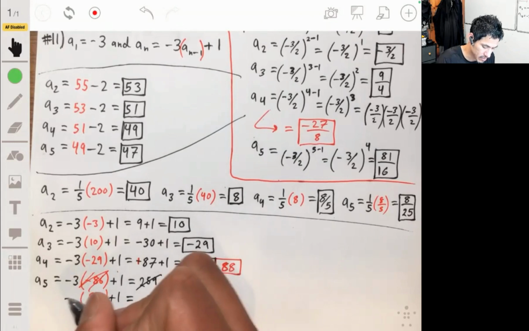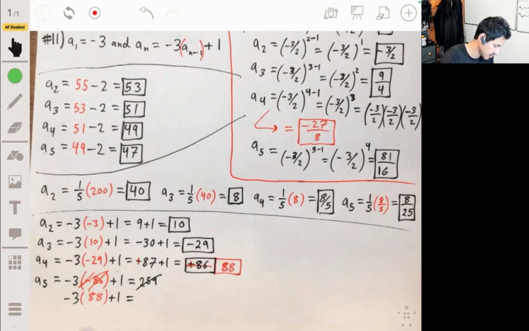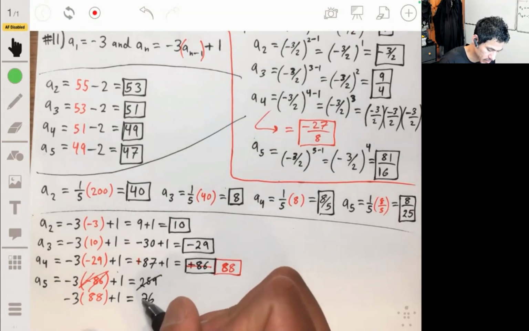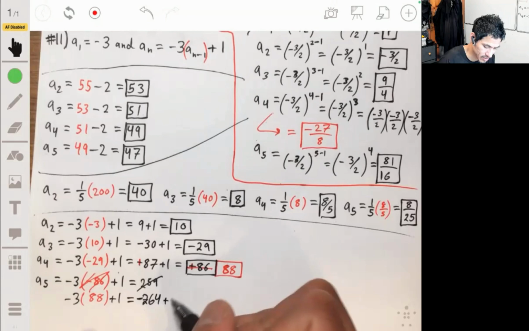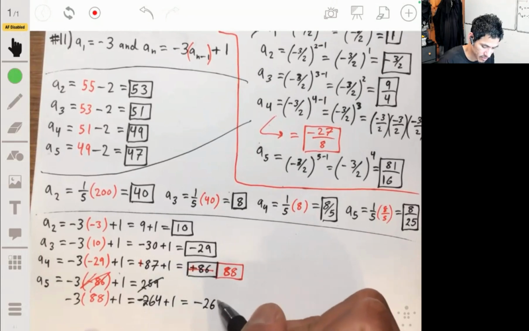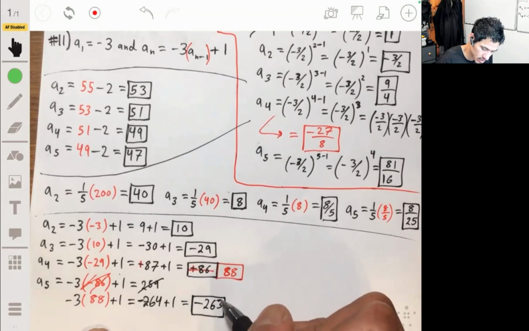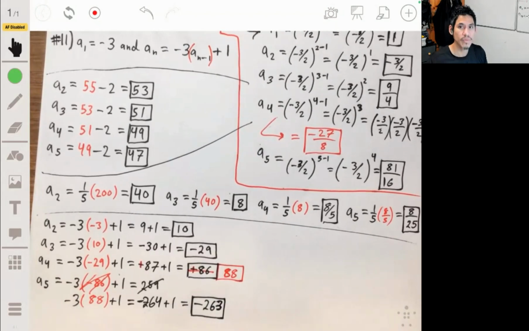So -3 times +88 is -264, plus 1, which would be -263. Sorry about that. All right, but there you go for those first problems.